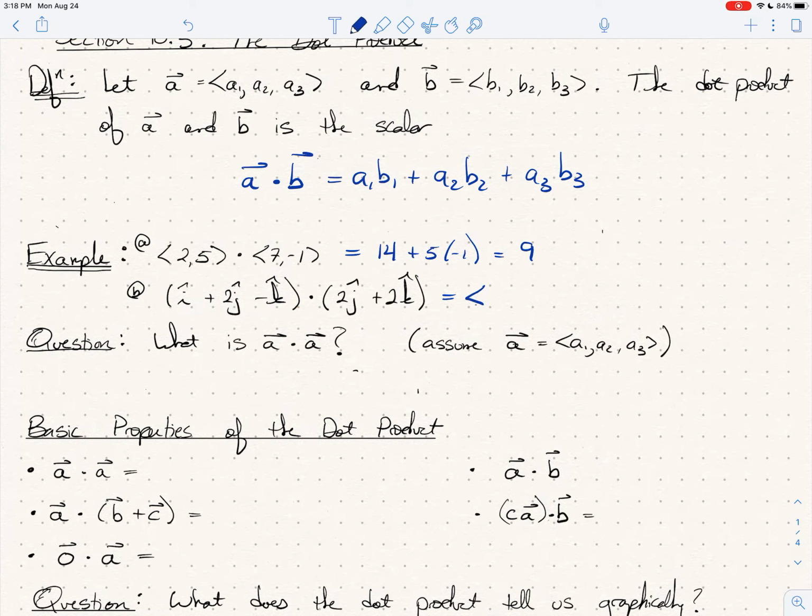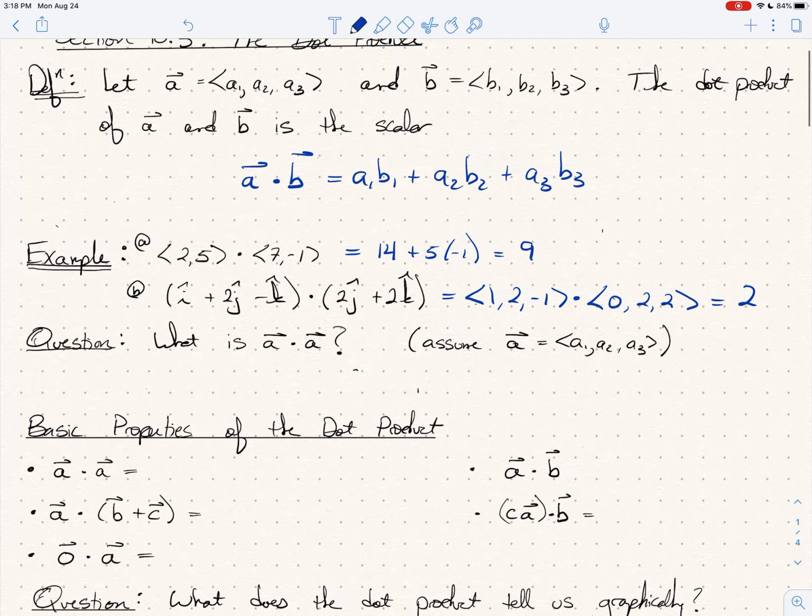This is really (1, 2, -1) dot (0, 2, 2). You get a 0 from the first component, 0 times 1, a 4 from the second component, and a negative 2. So we should end up with a 2. The dot product here is 2.